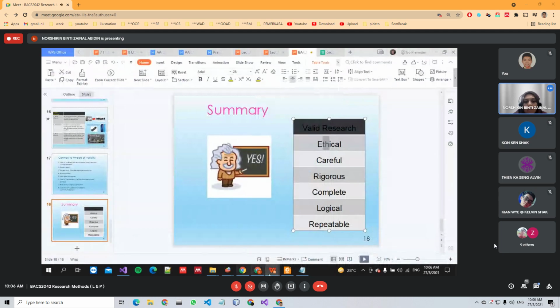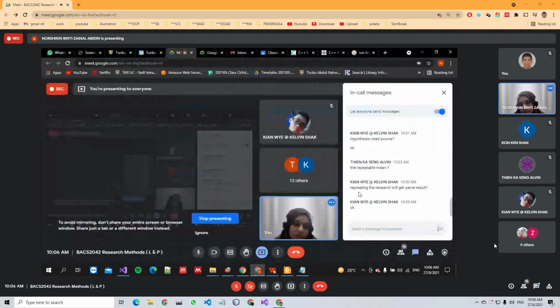For example, I can set an example for this one. Your group, Kelvin Shark, if I'm not mistaken, you're doing research on the relationship between student performance and the use of social media, right? For US university students, if I am not mistaken again. So your research is on that one.